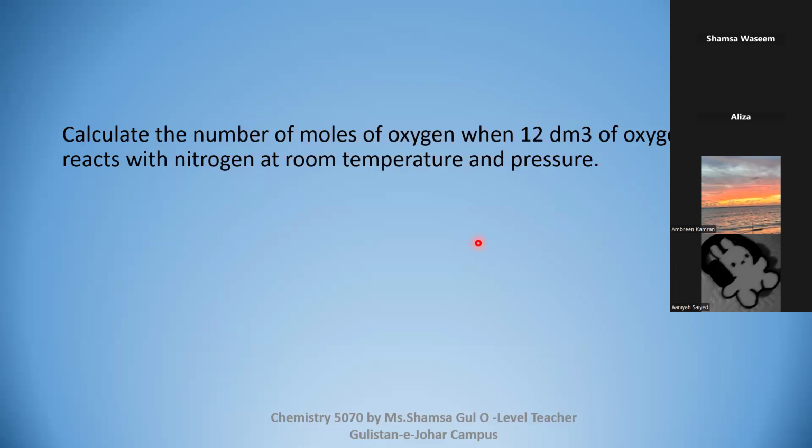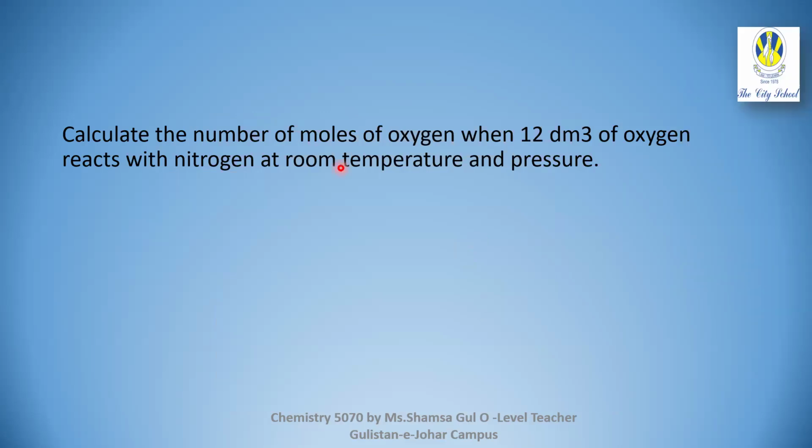Now let's do this question. Calculate the number of moles of oxygen when 12 dm³ of oxygen reacts with nitrogen at room temperature and pressure. We have to find out from the question what is given to us, which is the volume of oxygen.